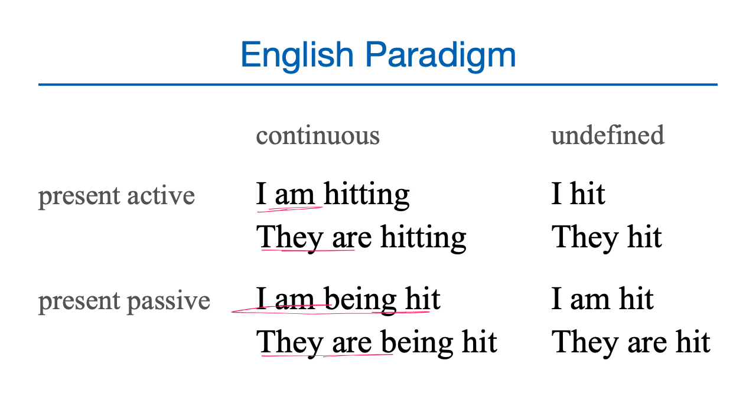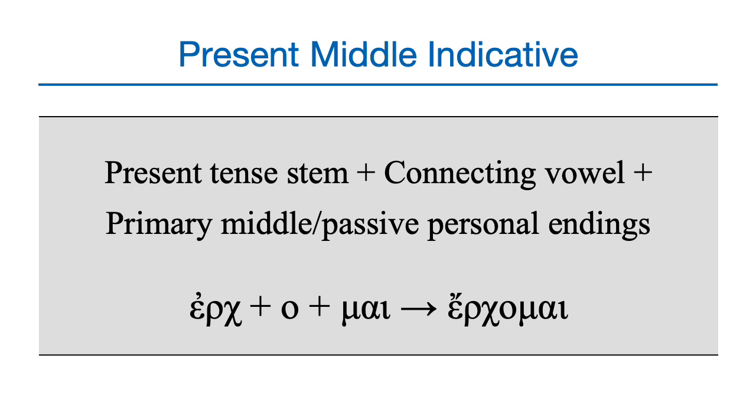In the present passive, you will say I am being hit or they are being hit. Notice we're using the helping verb to be. Being, I am being hit. In the undefined, it will be I am hit or they are hit. Still, the sense is that the subject is receiving the action of the verb.